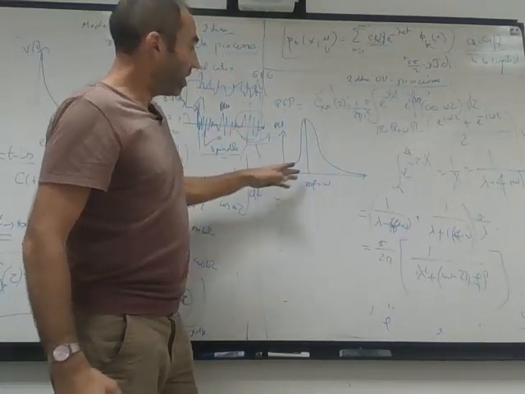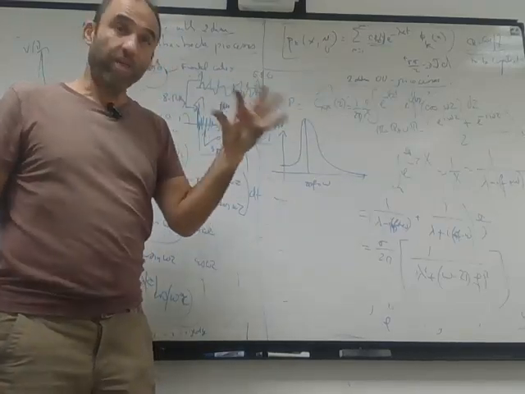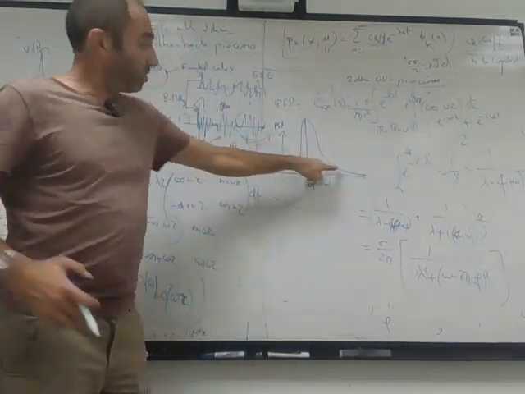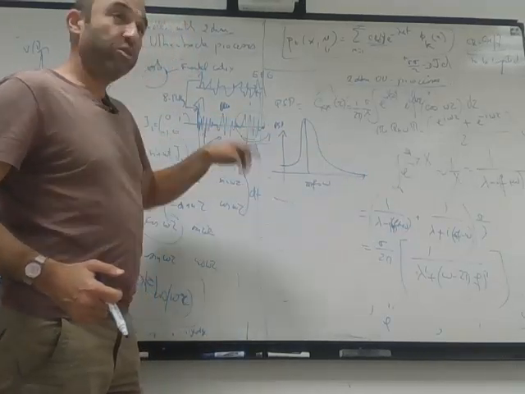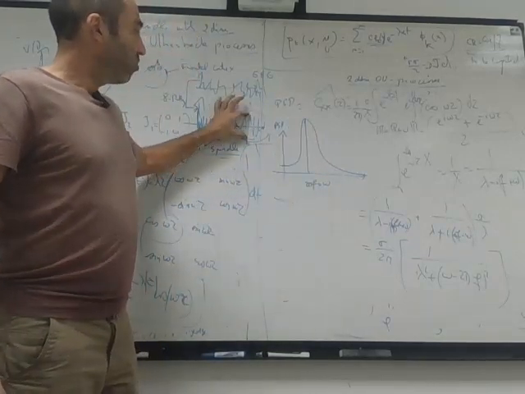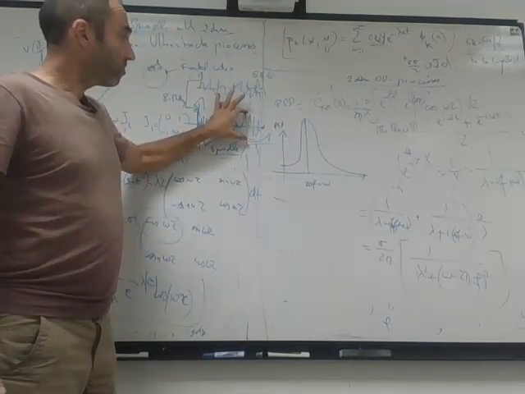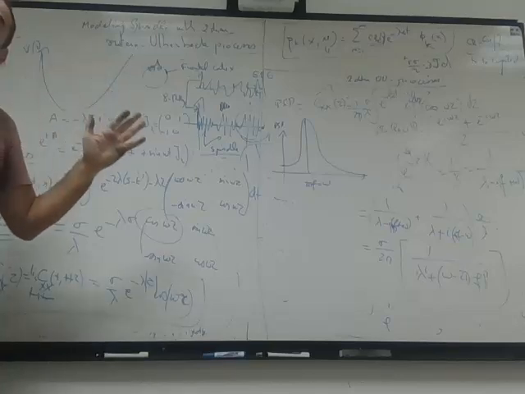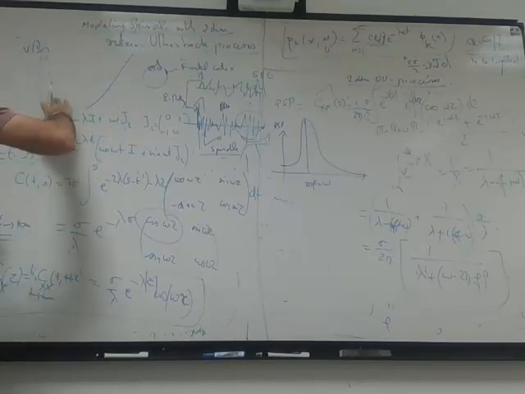So you have a mix, and most likely you are around omega at the maximum, although there is a width that you can estimate. The probability to have very high frequencies goes to 0, but that's what you have. You have a spindle, something that oscillates with a main frequency omega, where on average the amplitude, as we saw before, is not zero. It varies. It can explore a range.